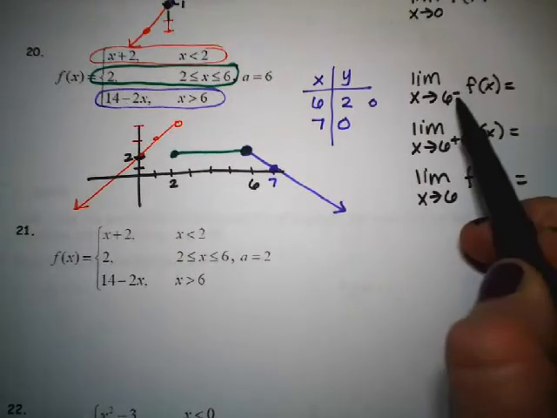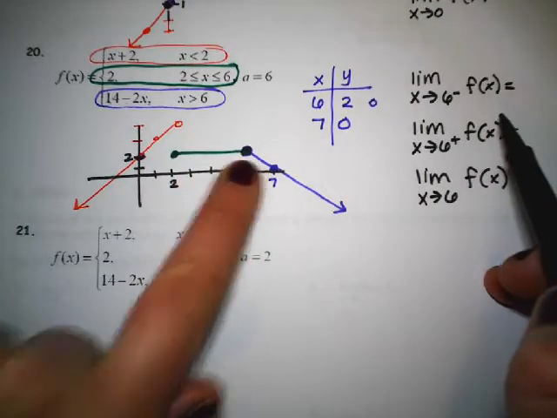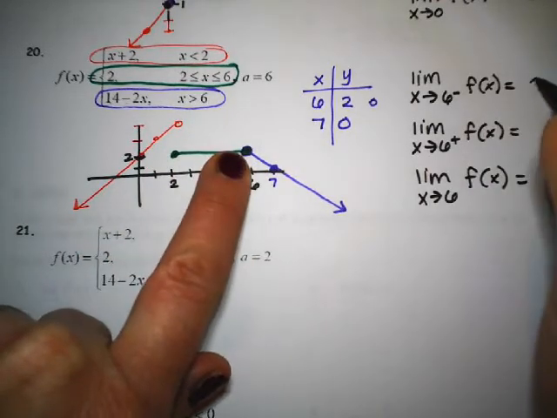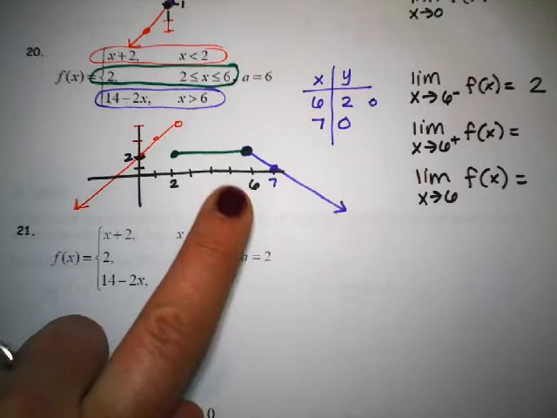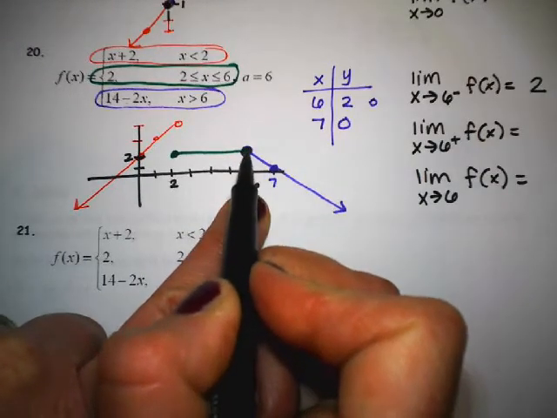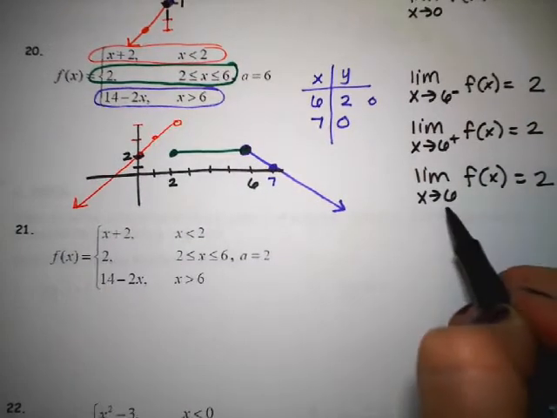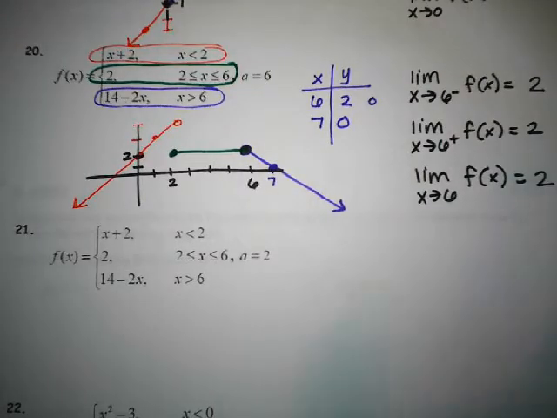So as x approaches 6 from the left-hand side, I'm up at 2. As x approaches 6 coming in from the right-hand side, oh, I'm also up at 2. And therefore the limit as x approaches 6 of f of x is 2.